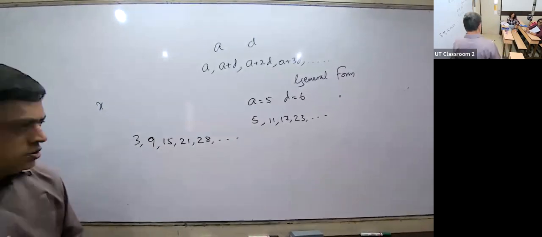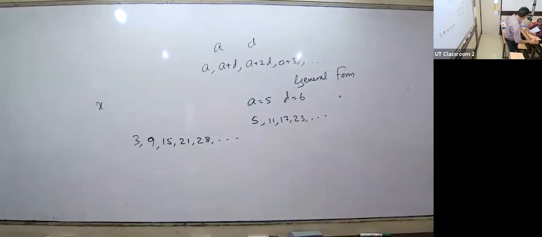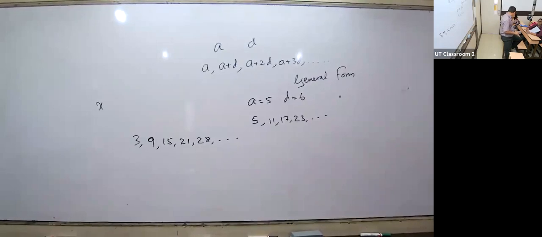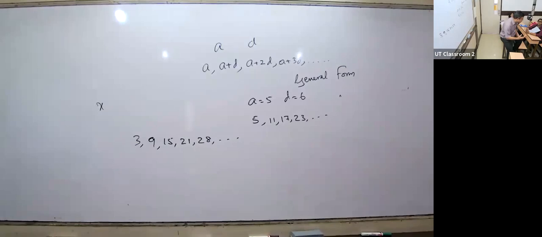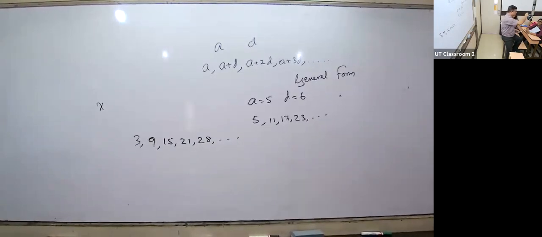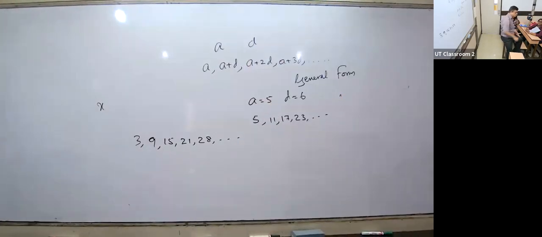So this first basic concept is clear. What is an AP? What do you mean by Tn? T1 is the first term. In an AP, what is the first term? A. Very good.